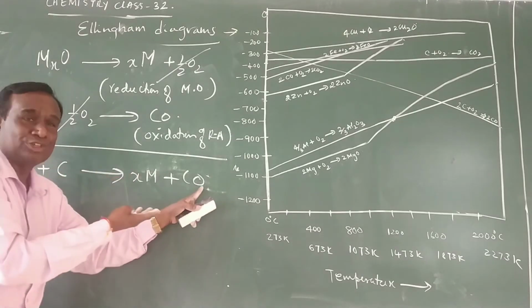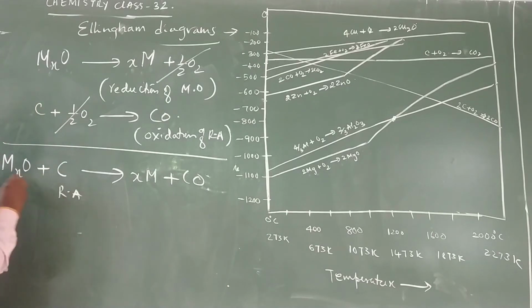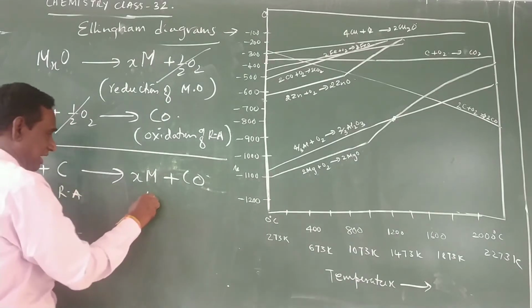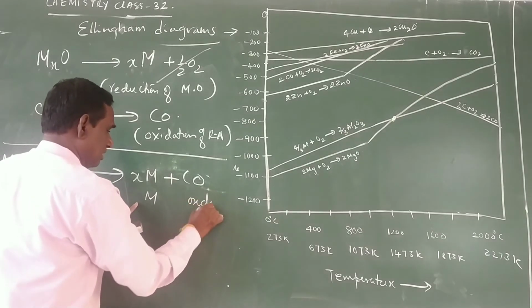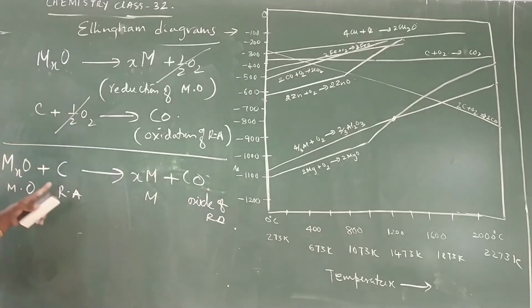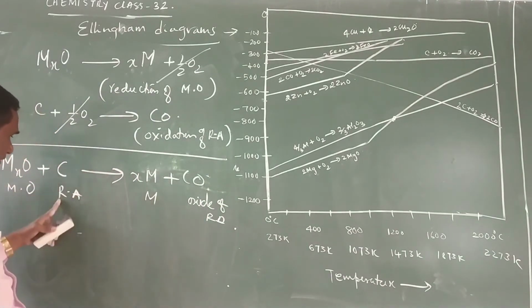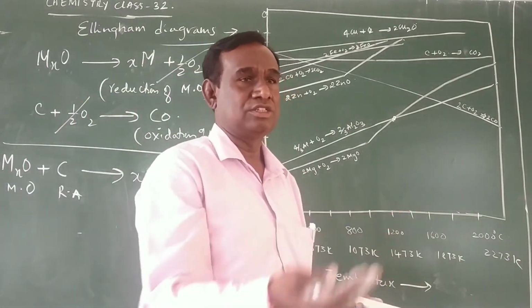Coke undergoes oxidation to carbon monoxide. That means this is the reducing agent, this is the metallic oxide, it becomes metal, and this is the oxide of the reducing agent. So the reducing agent will reduce the metallic oxide to metal and itself undergoes oxidation to carbon monoxide.